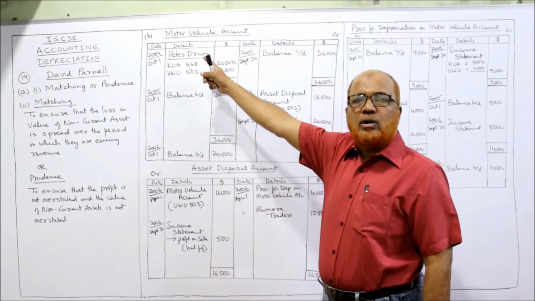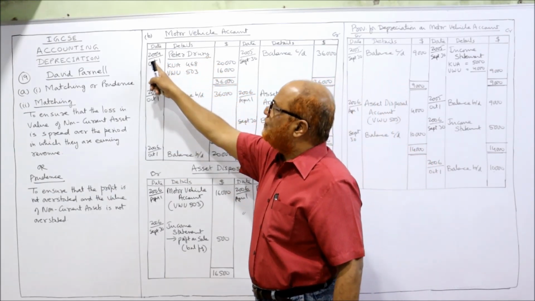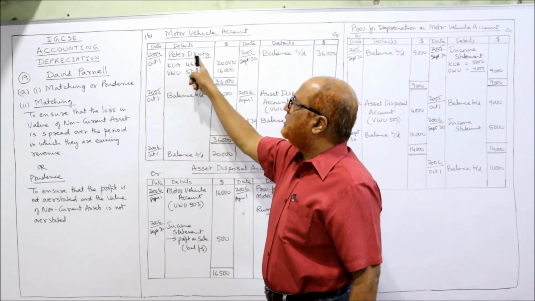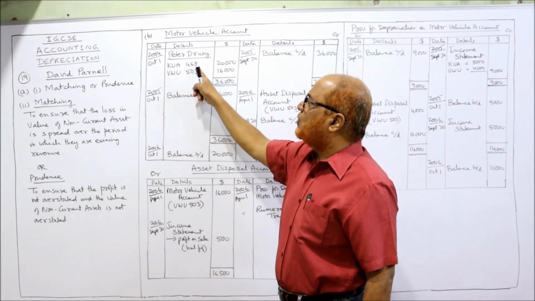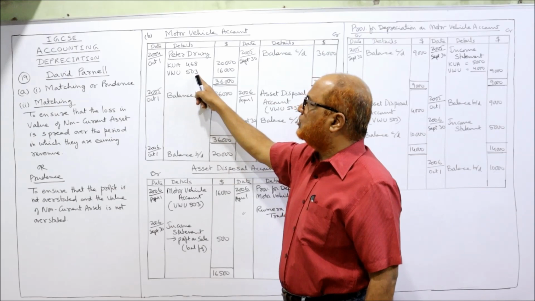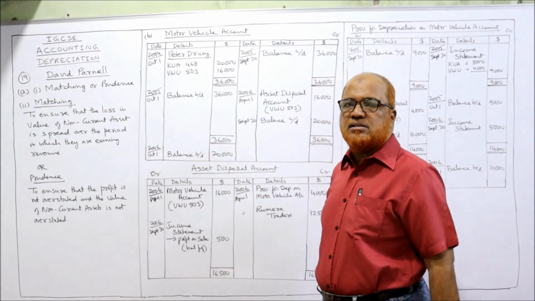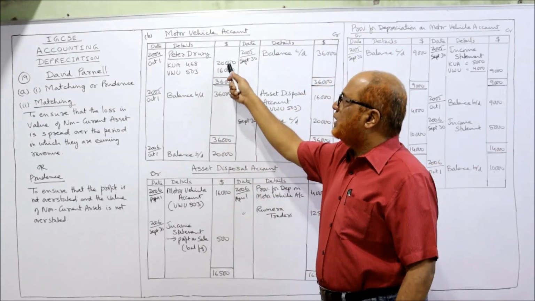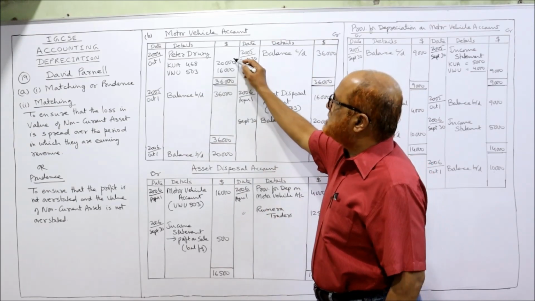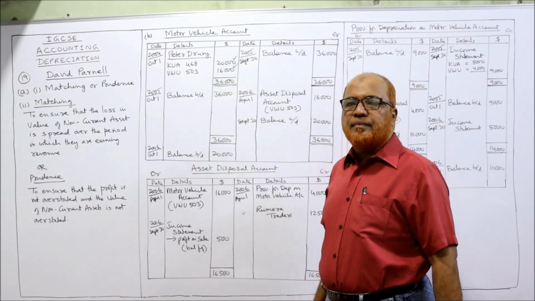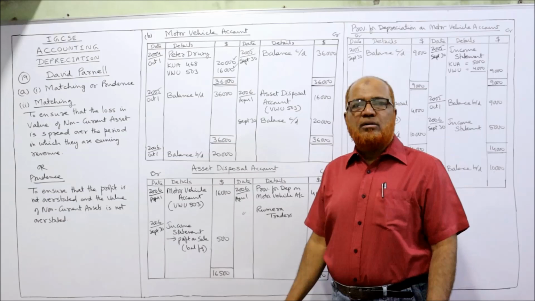On the motor vehicle account debit side, 2004 October 1st, Peter Drury, KUA 468, VWU 503. These are the names of the vehicles. The first vehicle cost is 20,000, the second vehicle cost is 16,000. The vehicles are purchased, right?